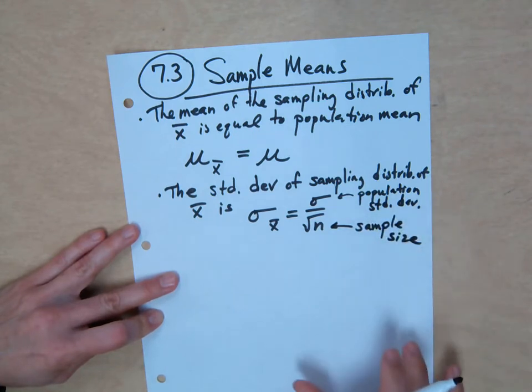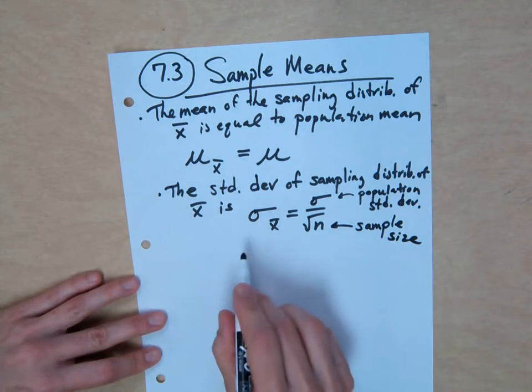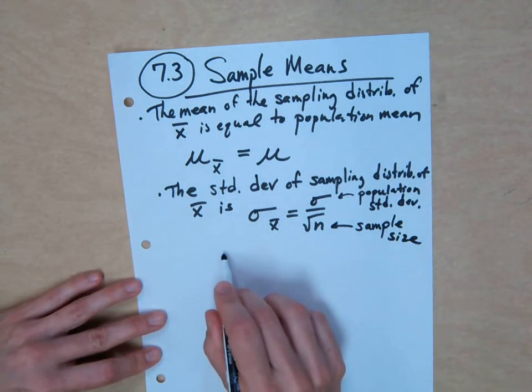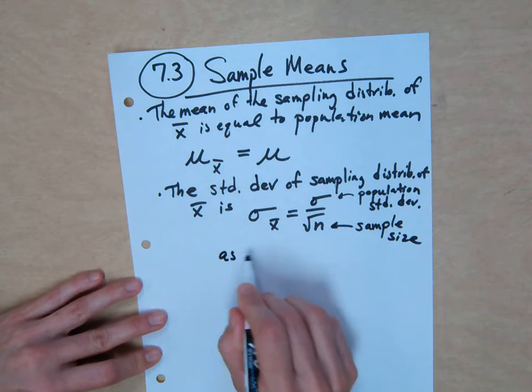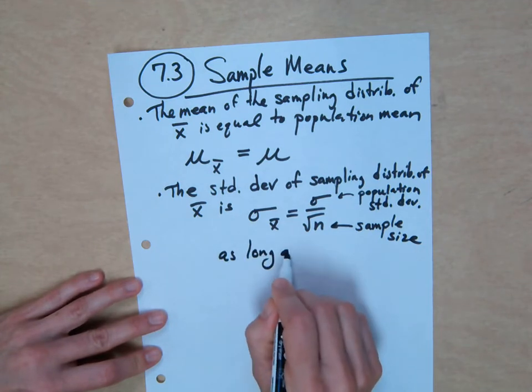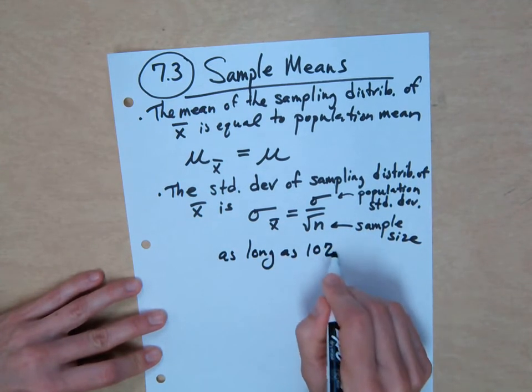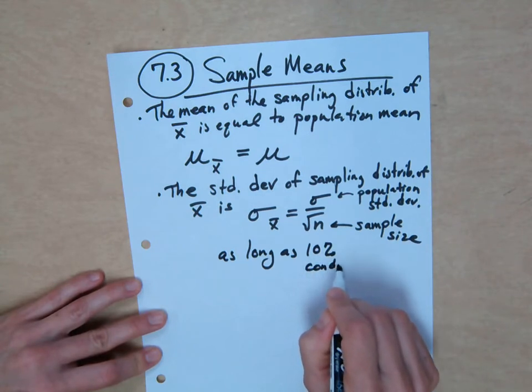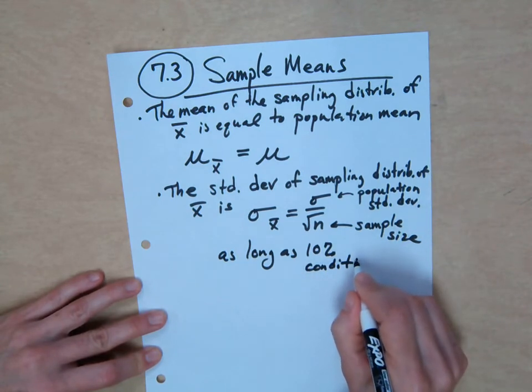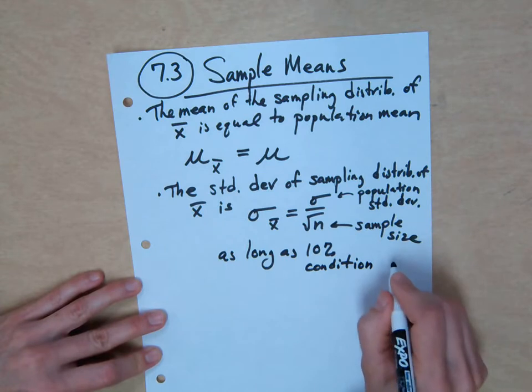But this standard deviation formula only works as long as the 10% condition is true, meaning we don't sample larger than 10% of our population.